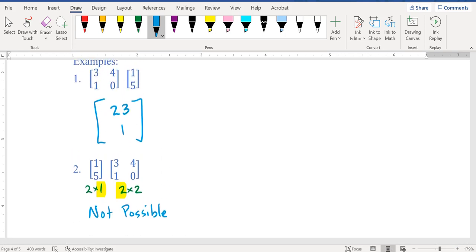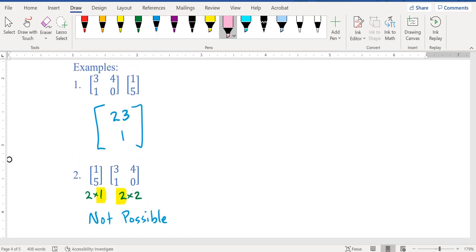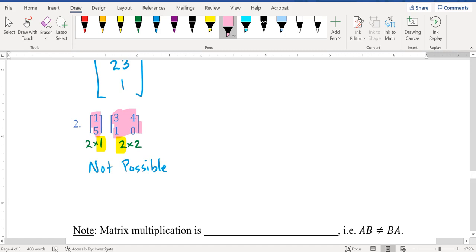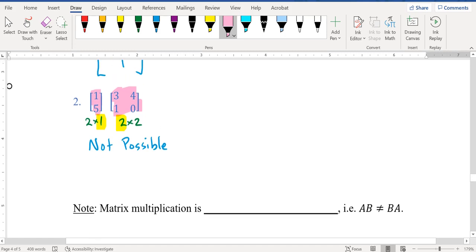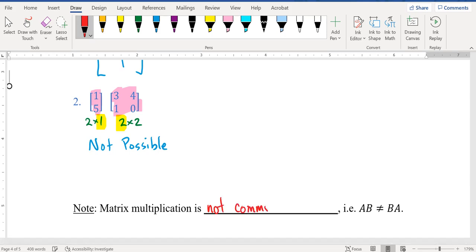So from example 1 and 2, do you see that we had A times B here and B times A here? Matrix multiplication is not commutative. In other words, A times B is not equal to B times A.